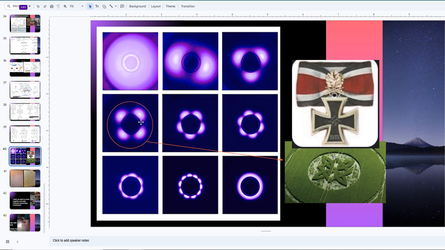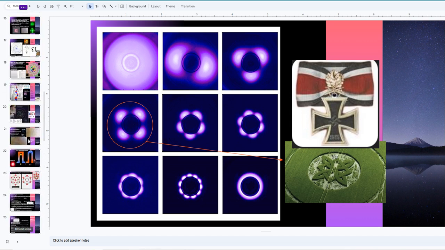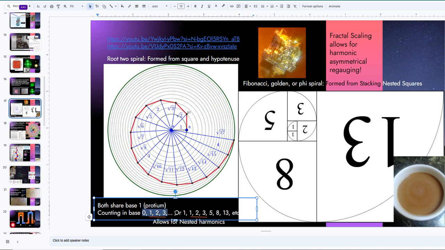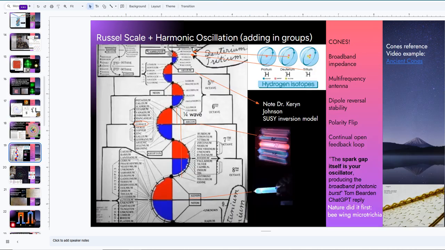So yeah, square the circle, square, circles, base 1, stacking.